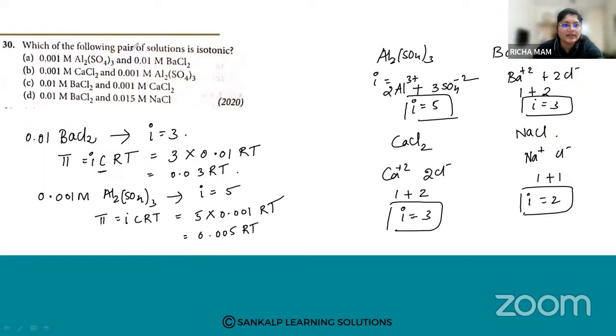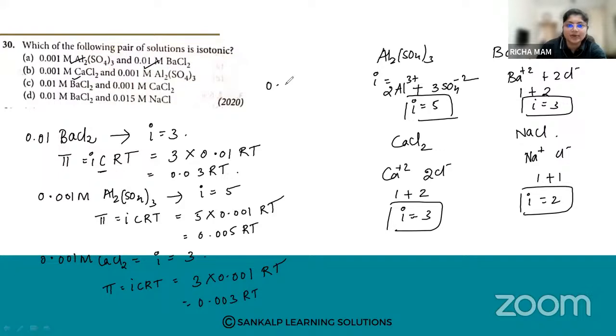Next is calcium chloride, 0.001 molar. So i is again 3. Pi is equal to 3 into 0.001 RT, which is 0.003 RT. This is for your calcium chloride.